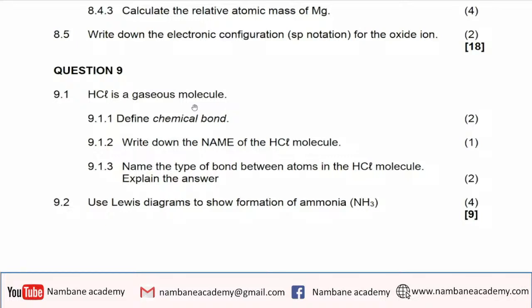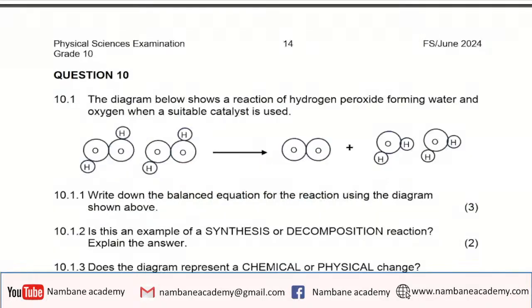Okay, let's go to question 10, which happens to be the last question on the paper. The diagram below shows the reaction of hydrogen peroxide forming water and oxygen when a suitable catalyst is used. 10.1.1, write down the balanced equation for the reaction using the diagram shown above.